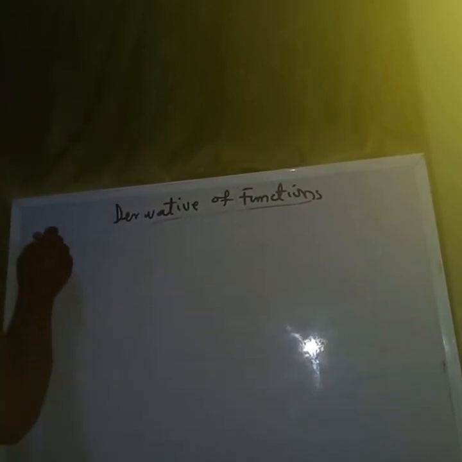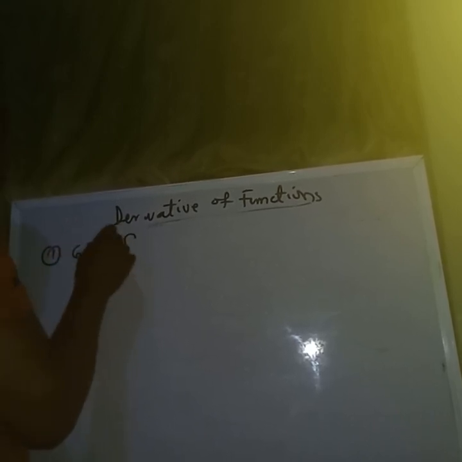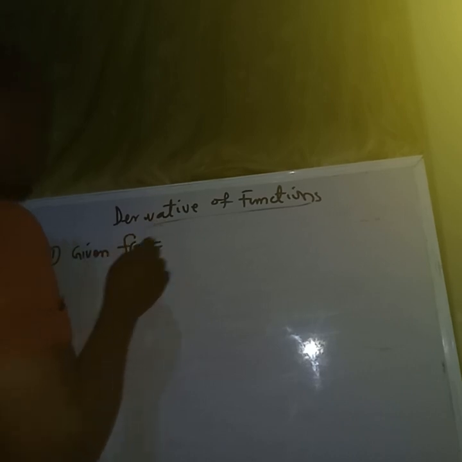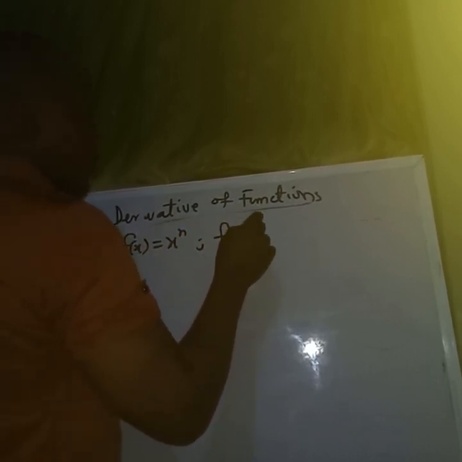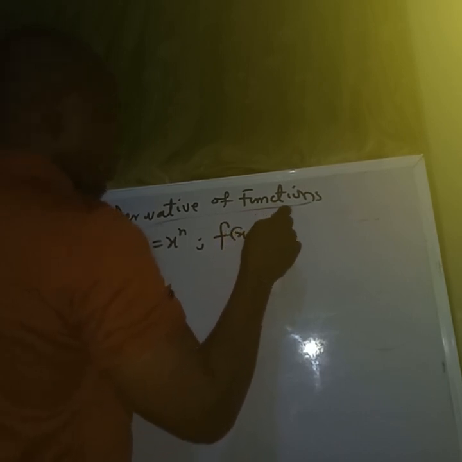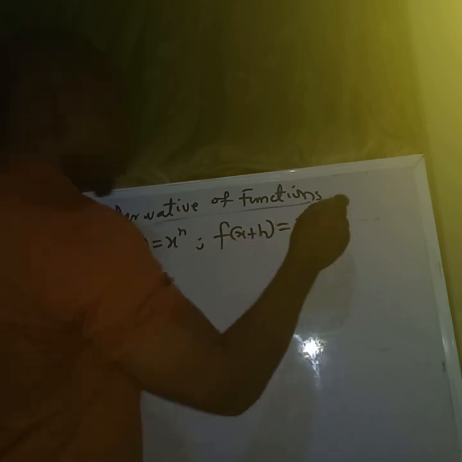So for the first example, we are given f of x equal to x to the n. Here the corresponding f of x plus h will be, whenever we see x, we put x plus h.